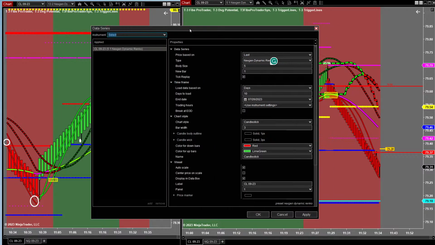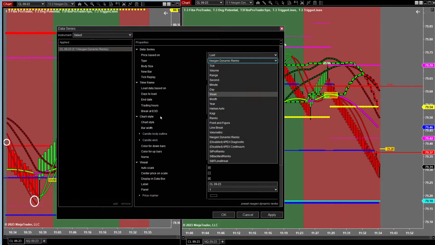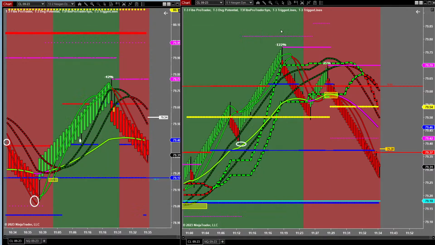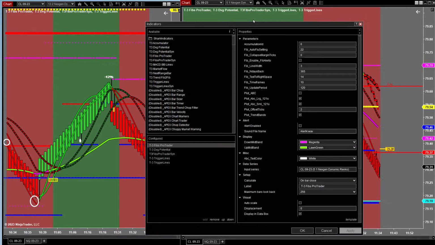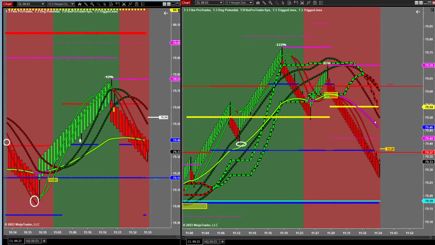People change stuff and then wonder why it's not working. Guys, if there's no divergence potential, it's not going to plot. Just making sure.